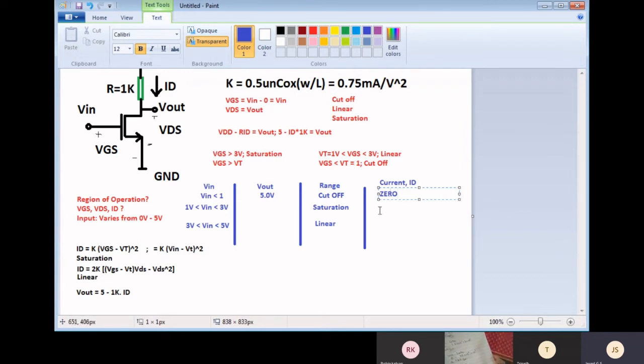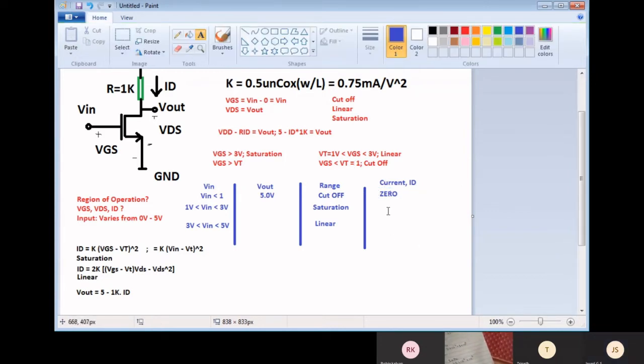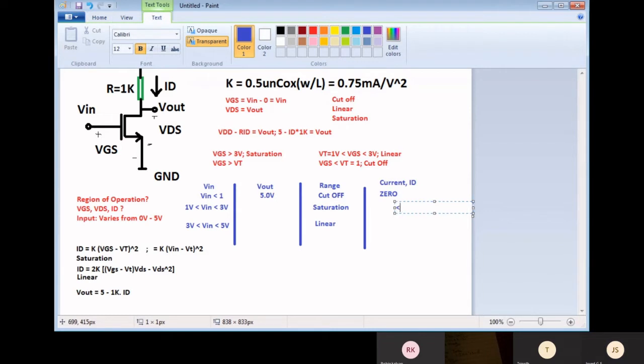Okay, then what about the saturation region? The current is 1.5 milliamperes. Is it going to be the maximum ID? Yes, that is the maximum value. What will be the other range? I have just calculated the minimum and the maximum.